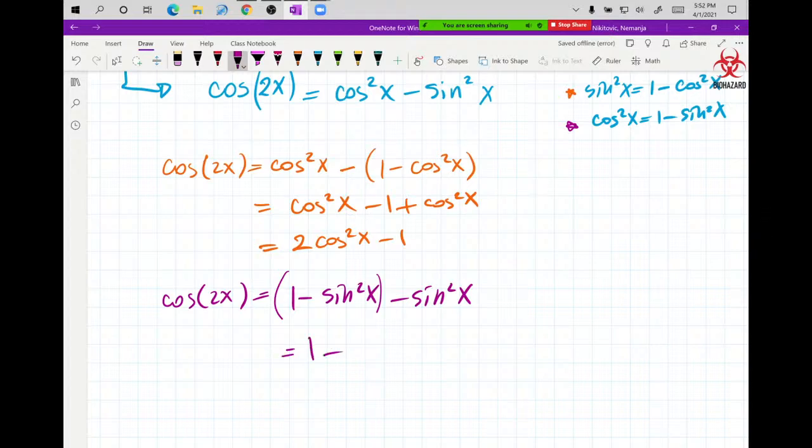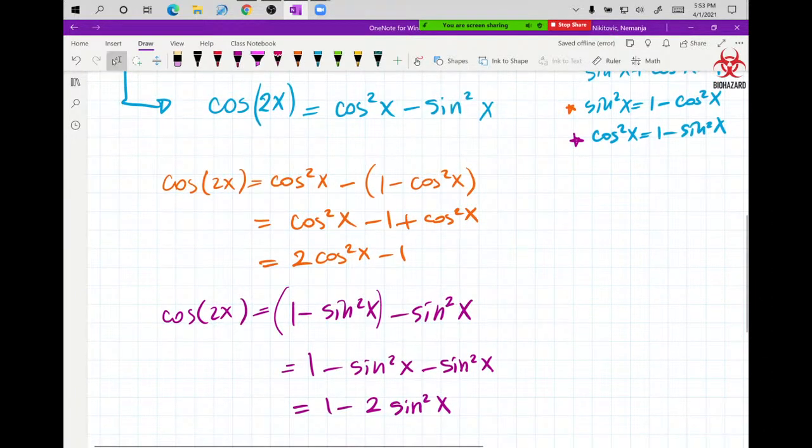And when you get rid of the parentheses, you get this. So that's what we have as two alternate formulas for double angle cosine.